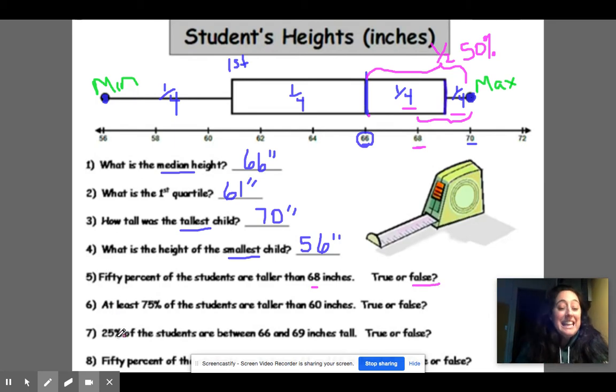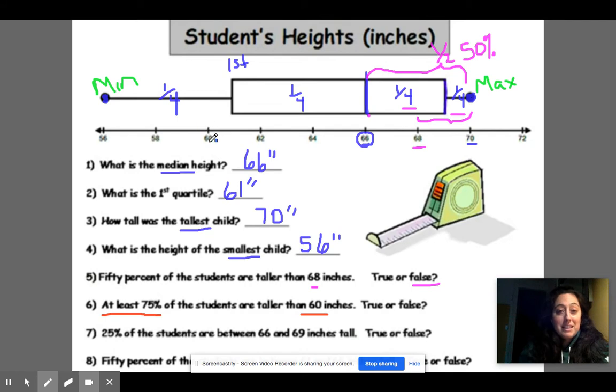Now, at least means 75% or more. So at least 75% of the students are taller than 60 inches. Let's go for this color. How much would 75% be? How many quarters? I've got 25% for a quarter, 2 quarters is 50%, and 3 quarters would be 75%. So I'm looking for 3 quarters of the data to be taller than 60 inches.